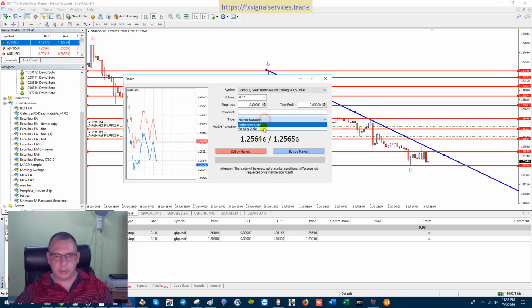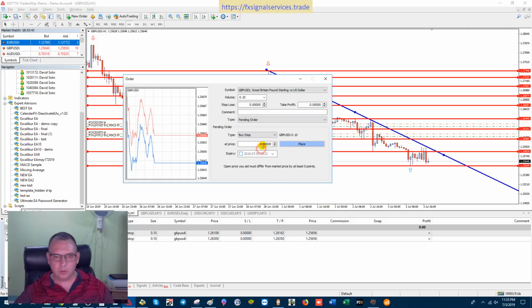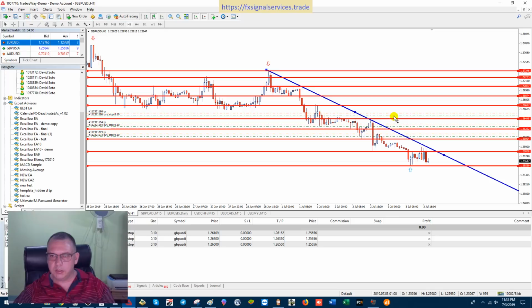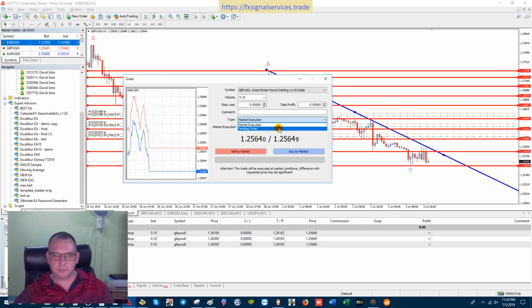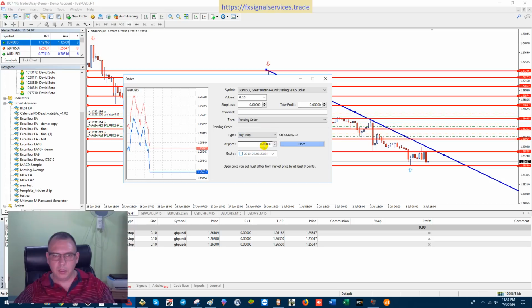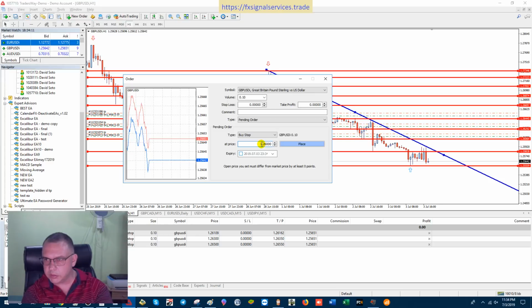I'm going to do a buy stop again. And I'm going to put this one at 1.26 500, and this at 1.26 550. Okay, see how that works? And then I'm going to do another one at 1.26 700.